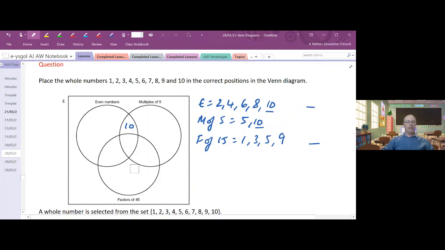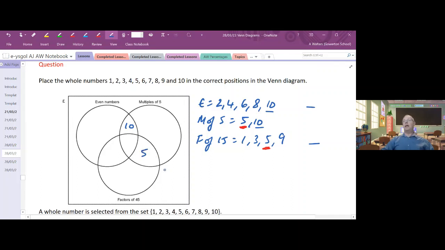If I'm looking at multiples of 5 and factors of 15, there's a 5 there and a 5 there, so therefore that goes into that spot there.